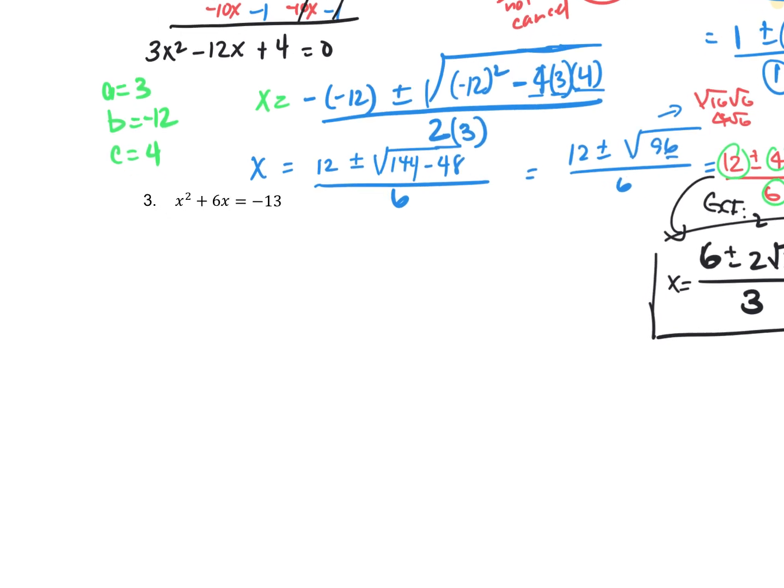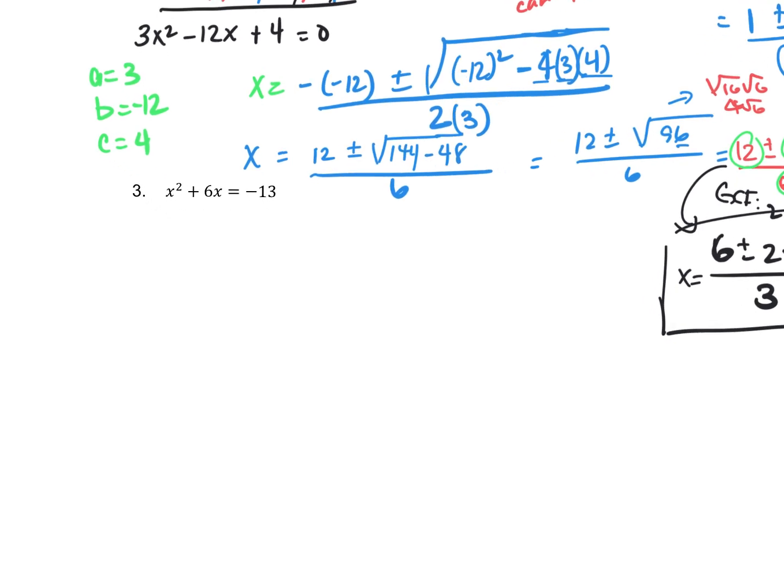All right, last one. So we have the negative 13 on this side, so we're going to move it over. So we're going to add 13 to both sides. So we wind up with x squared plus 6x plus 13 equals 0. A is 1, B is 6, C is 13.